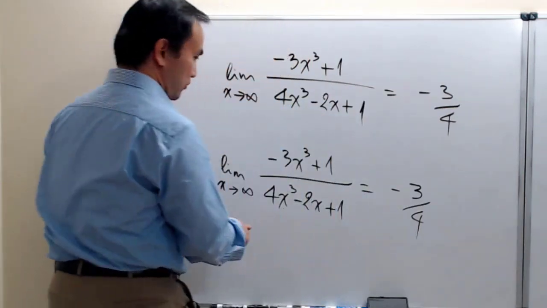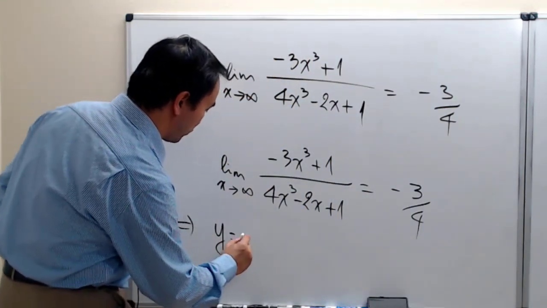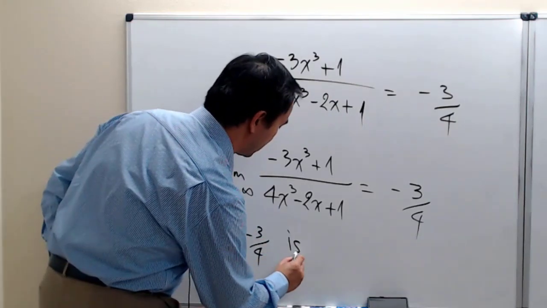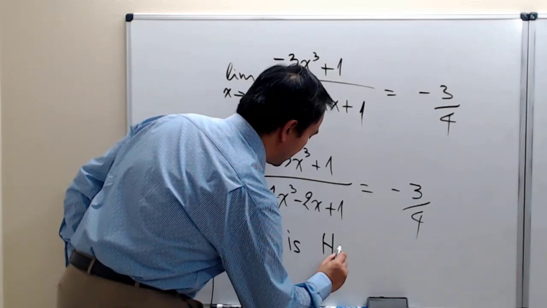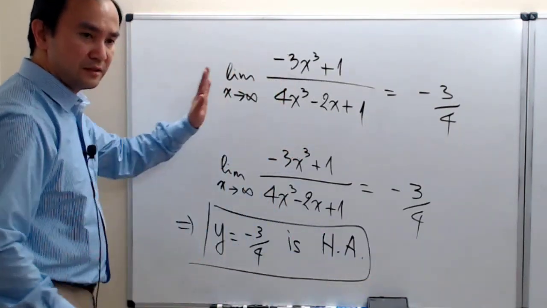Back to these examples, since we've seen all that here, the horizontal line y equals negative 3/4 is regarded as the horizontal asymptote of this particular function.